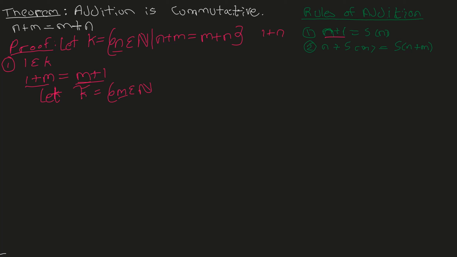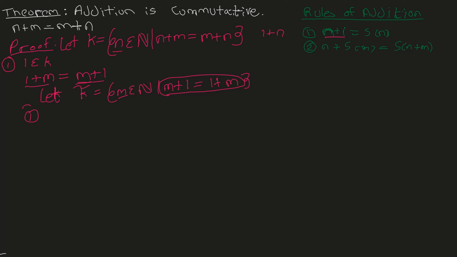So all m in the natural numbers such that m plus 1 is equal to 1 plus m. So we have just defined a new subset of the natural numbers that follow this rule. Now let's prove the two properties for this new subset.